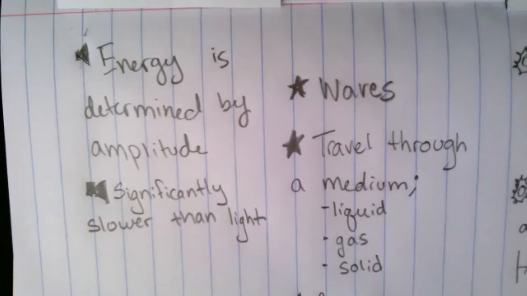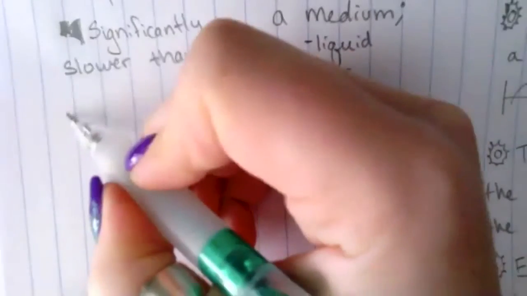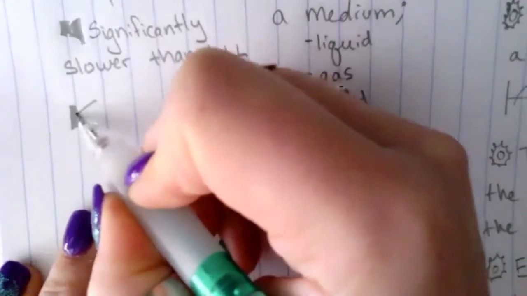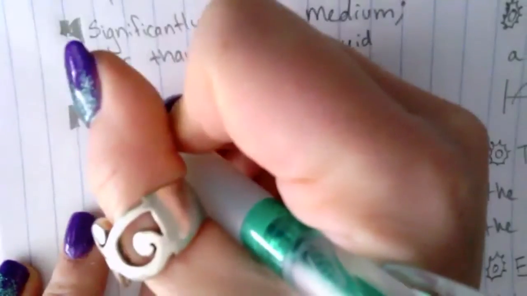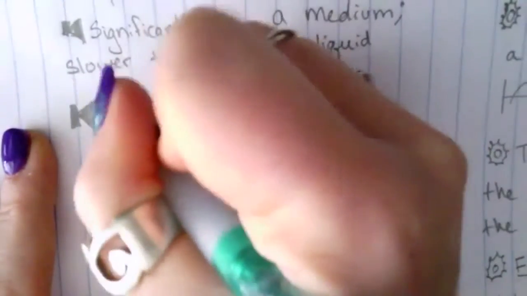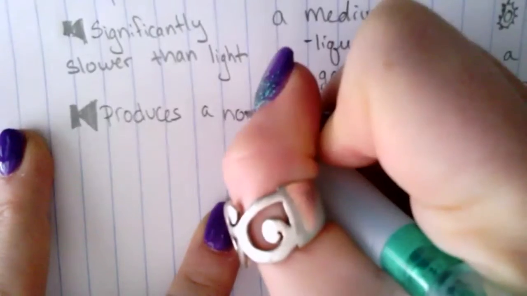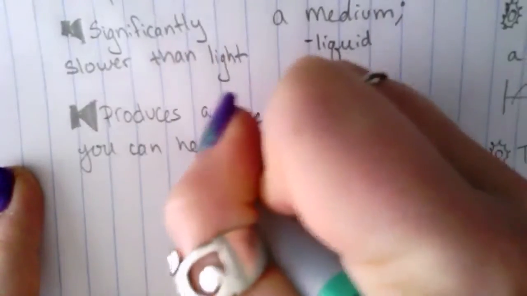Okay, what else is a difference between light and sound? You can hear sound. It produces a noise you can hear. My speakers are getting bigger every time I draw them.